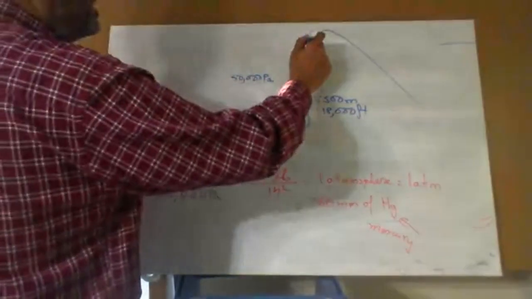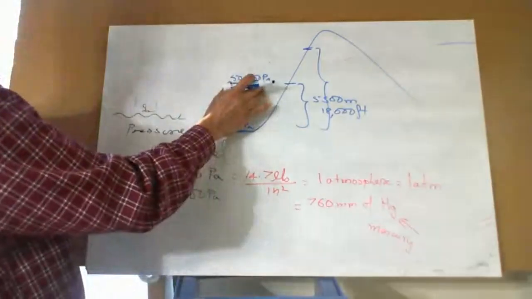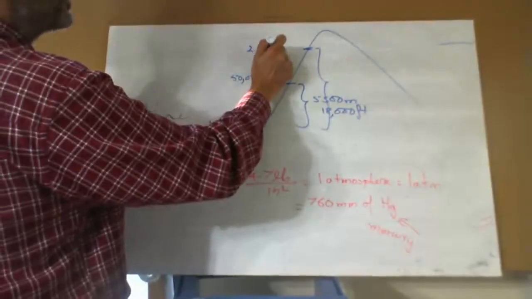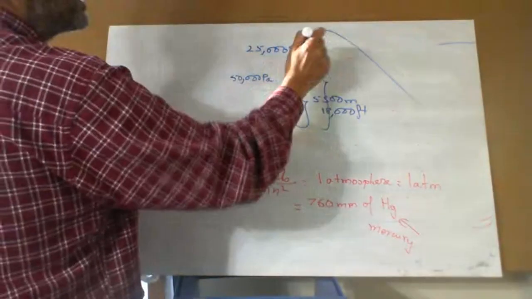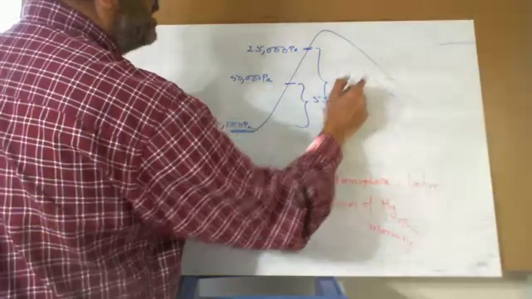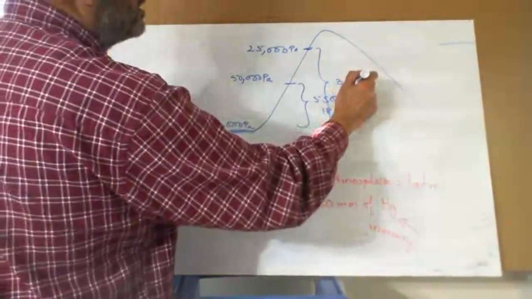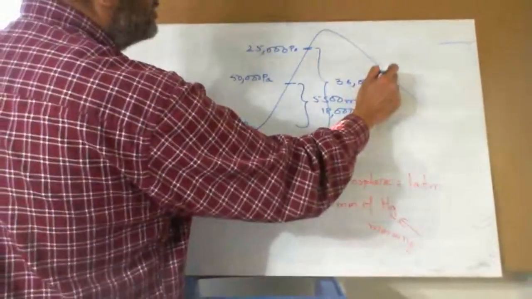And if you go up another 18,000 feet, it doesn't go to zero, it drops to half of that pressure. So it'll become 25,000 pascals. So it only cuts off half. Every 18,000 feet, it drops by half.